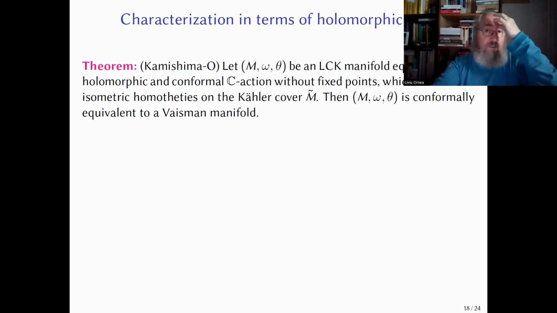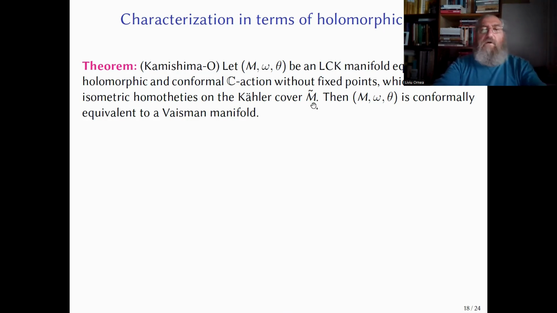The idea of the proof was to go on the universal cover and, from this lifted flow, construct a decomposition of the universal cover into a Sasakian manifold and R, the line.